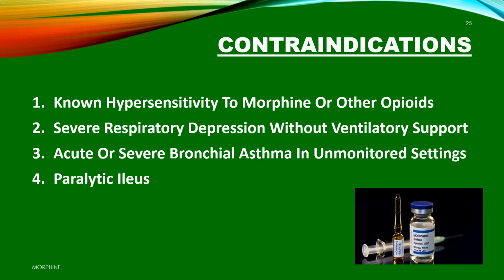Acute or severe bronchial asthma. Morphine is contraindicated in patients with acute or severe bronchial asthma in unmonitored settings, as it can worsen respiratory function. 4. Paralytic ileus. Morphine is contraindicated in patients with paralytic ileus, a condition where the intestines stop moving, as morphine can further slow down bowel motility and worsen the condition.